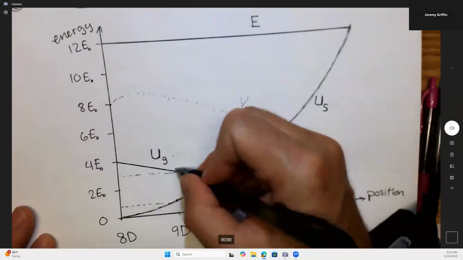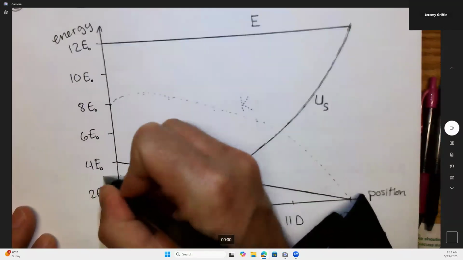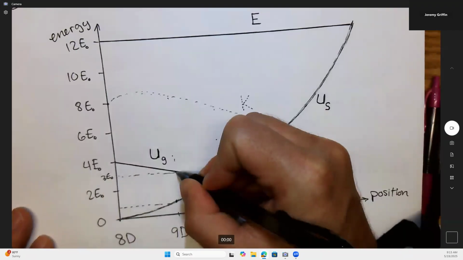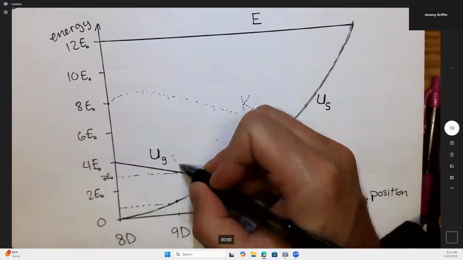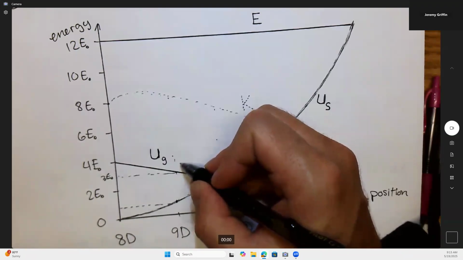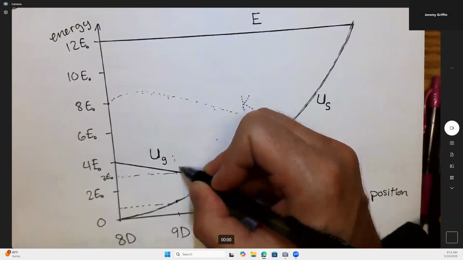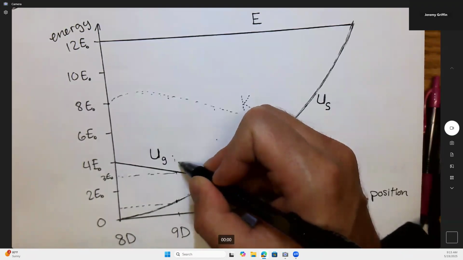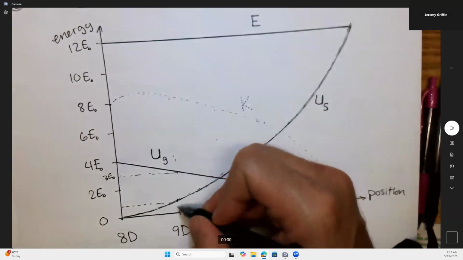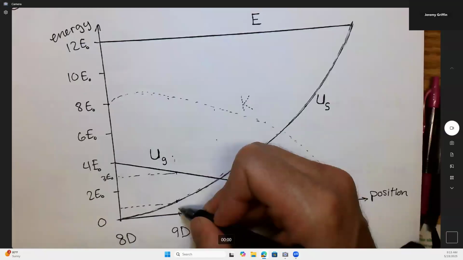Didn't it drop down 1 unit all the way down to 3 E0 right here? So while the block is starting to smash the spring, it's lost 1 unit of gravitational potential energy, and it's only picked up 3/4 of a unit of spring potential energy. So does that leave a little bit of excess to go into kinetic energy, which would be at speed?